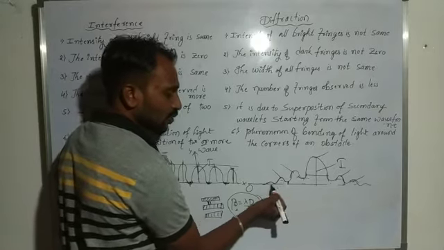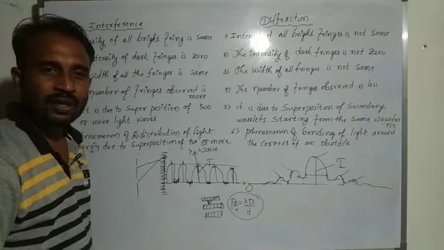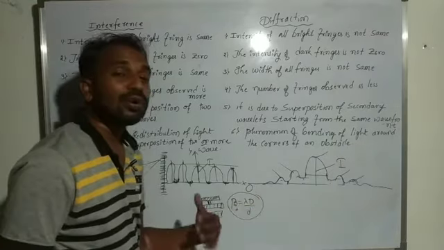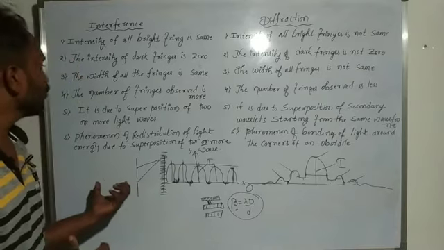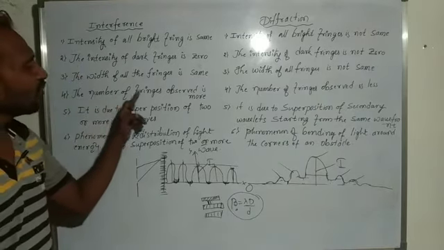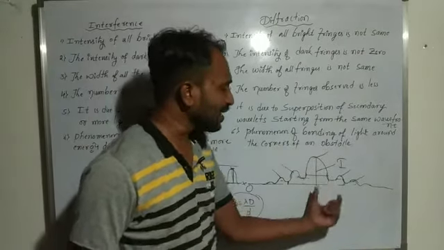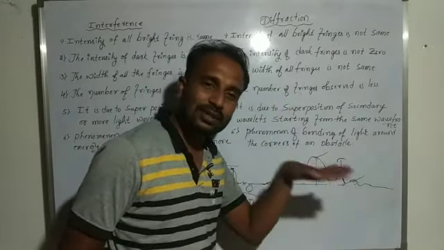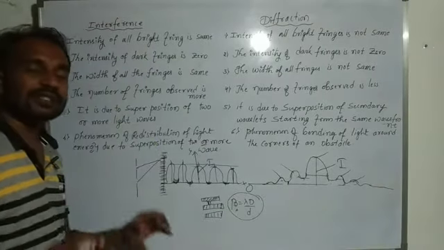It means the intensity goes on decreasing, and finally we get a 0. So here we don't get many fringes. For this reason, in interference the number of fringes observed is more, and in diffraction the number of fringes observed is less, because the intensity goes on decreasing and finally becomes 0. It means we get a shadow.